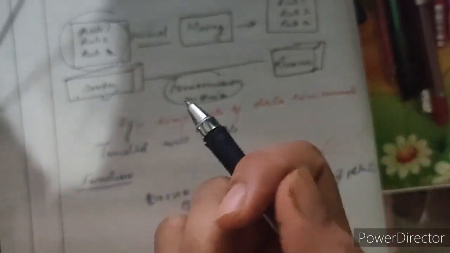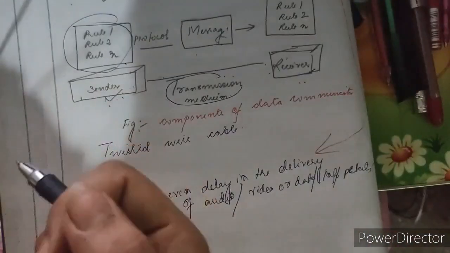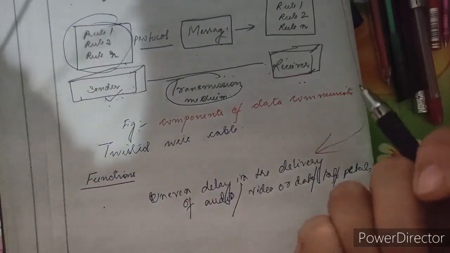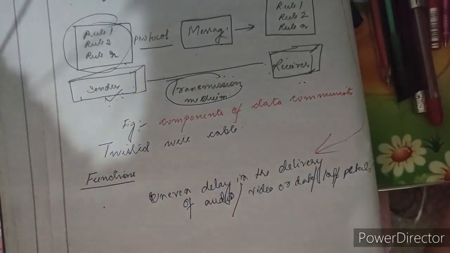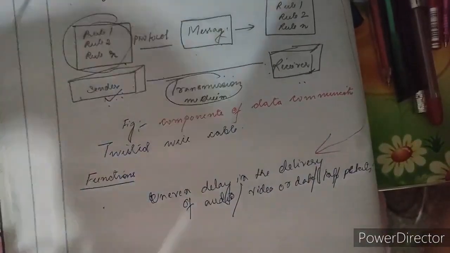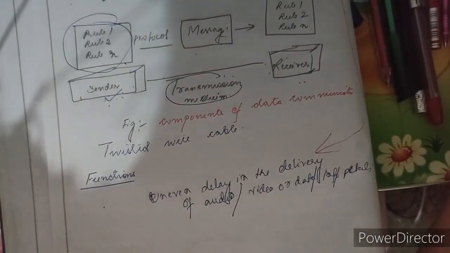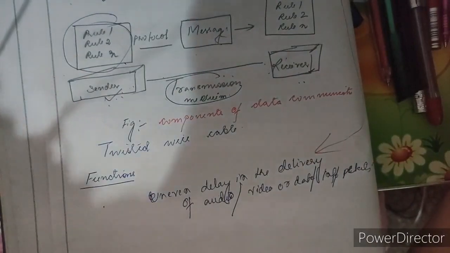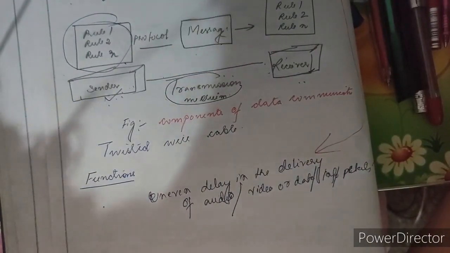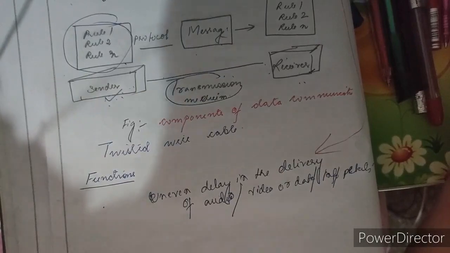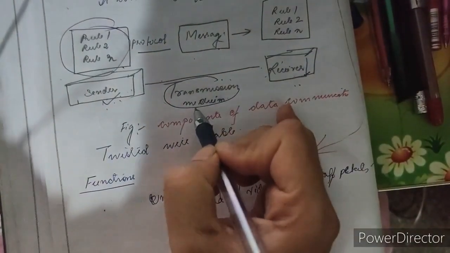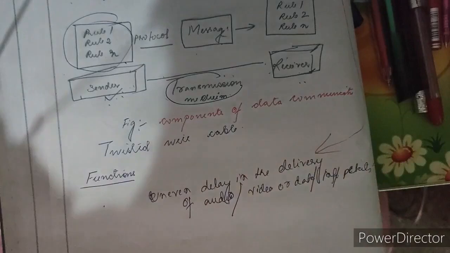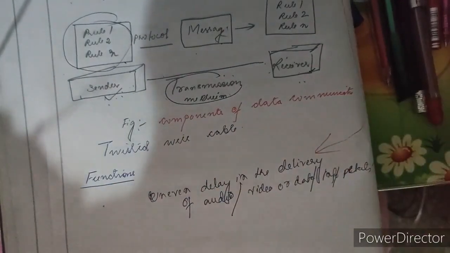Twisted pair wire cables you can use in landline telephones, and coaxial cables that we use in your cable TV network, right? Fiber optic cable, right? And you can also use wireless medium like radio waves, infrared waves, and microwaves. These are some of the wireless medium, right? So you need this transmission medium. It's a physical path where the data is going to be carried from sender to the receiver.